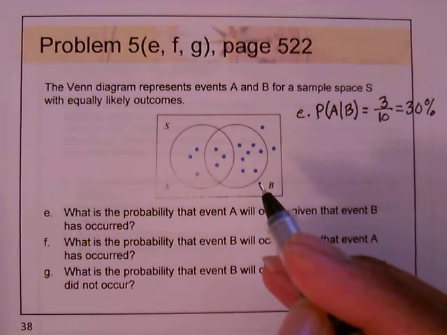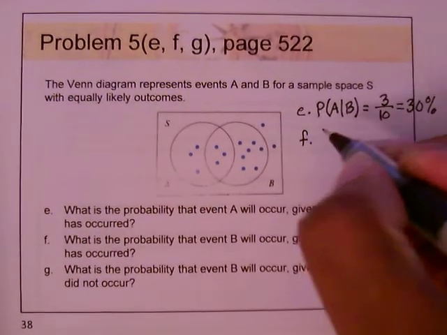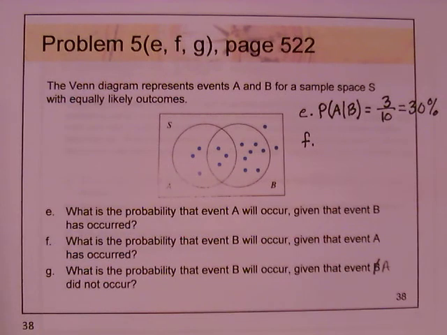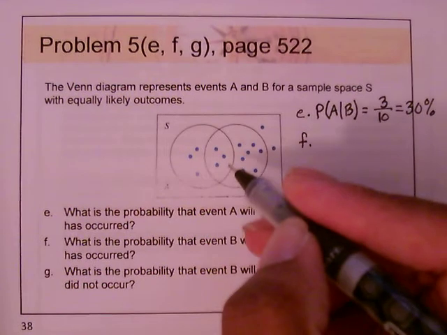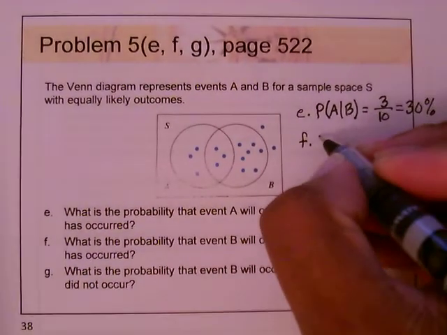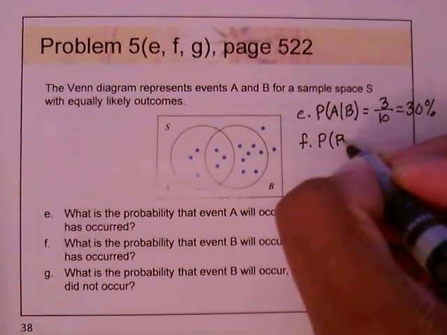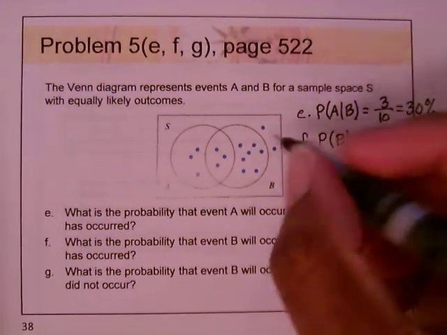And now part F. What is the probability that event B will occur given that A has already occurred? Okay, so here, we're only going to focus on event A. So here's A right here. So this is going to be the probability of event B given that A has occurred. Now, how many dots are there in the circle for A?